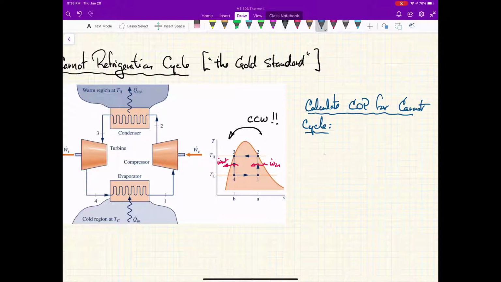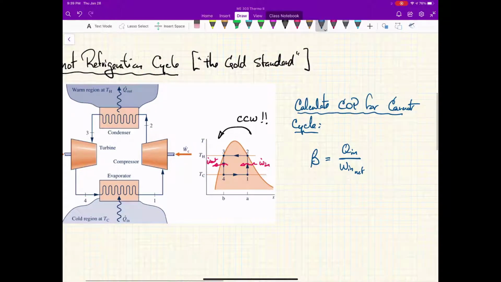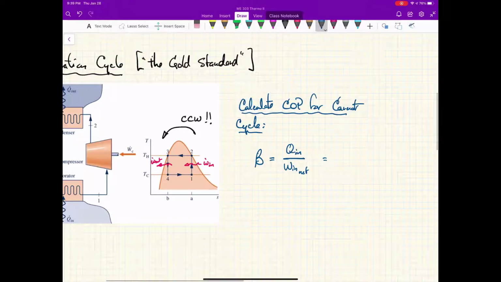So, as we said above, equation 1, beta is equal to Q in divided by work in net. And if we're looking at the entire cycle from the first law, work in net is going to be the work in total minus work out total.